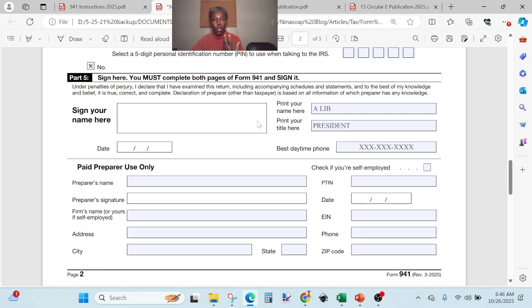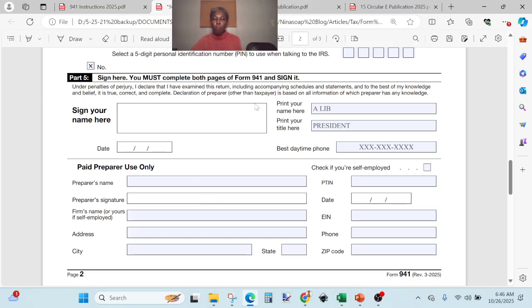The owner will sign when you print the original out. You will sign as well, and then you make 2 copies. One for yourself to keep for your business record purposes, one to give to the business owner to keep for the business owner's record purposes, and the original one to be mailed to IRS.